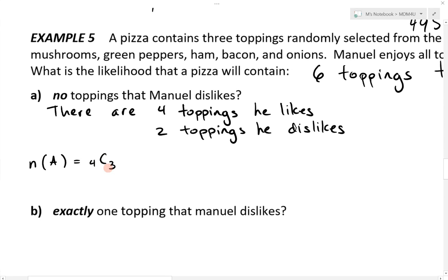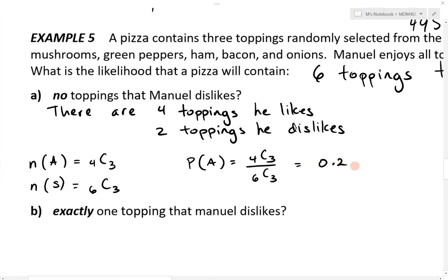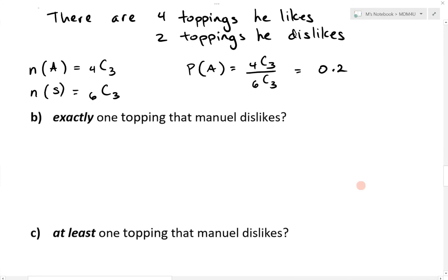Because the pizza contains 3 toppings and there's 4 of them that he likes. Total number of possible outcomes are, well, there are 6 toppings in total and you're going to choose 3. So 6 choose 3. So the probability that there's a pizza with no toppings that he dislikes, meaning there are only toppings that he likes, is 4 choose 3 divided by 6 choose 3, which is equal to 0.2, which is 20%. So 20% chance that he gets a pizza with all the toppings that he likes.